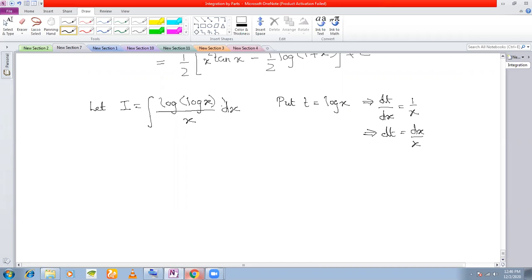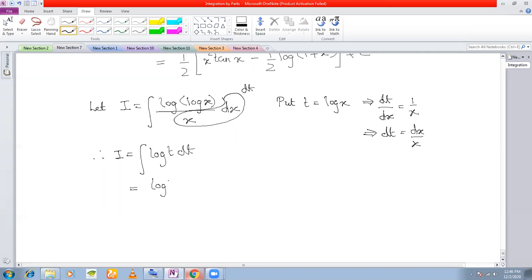So what do you have here? This entire part dx by x, this becomes dt. So therefore, what does this integral change to? Integral log t dt. And how do you integrate log? Again by parts. Okay. So I'm doing directly. I've already done this for you, right? Log x in the beginning.